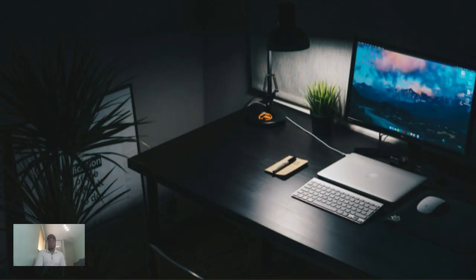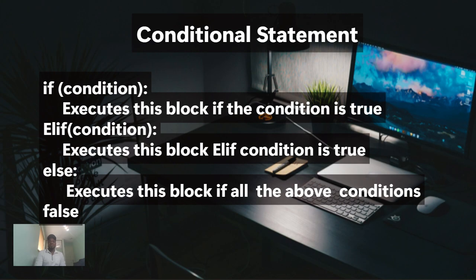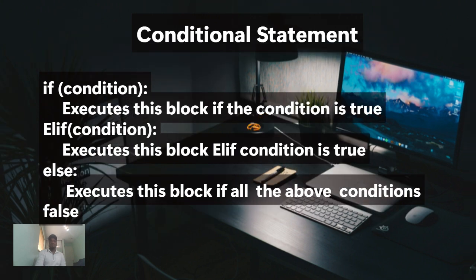Okay, this is an example of a program that shows how to use control statements. If you look at it, this is the if condition: execute this block if the condition is true. This simple structure shows that if a particular condition is true, then a particular set of instructions should be executed.